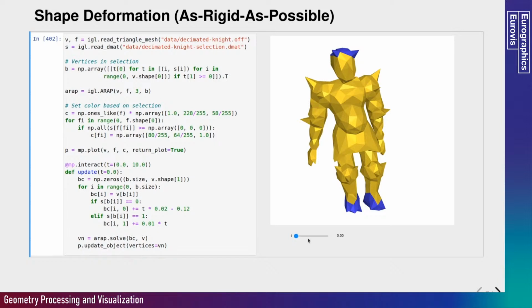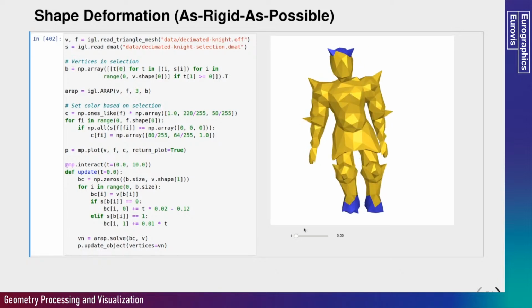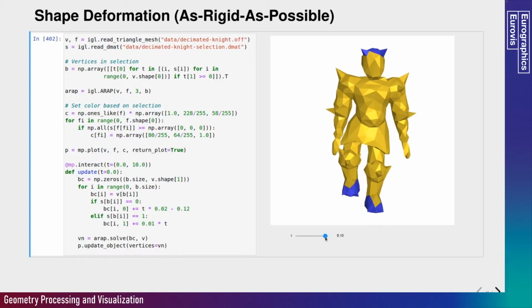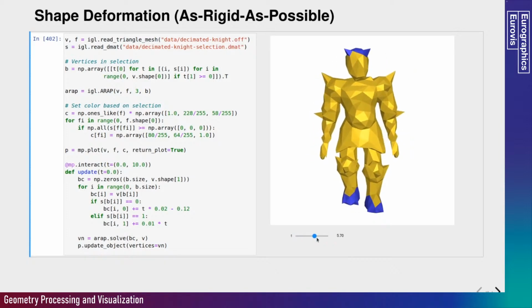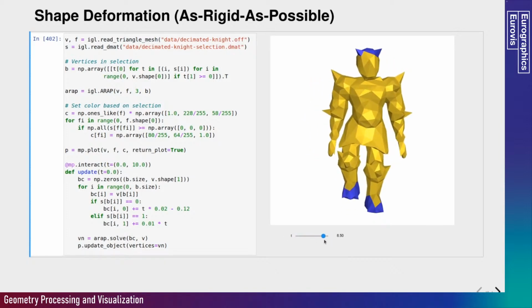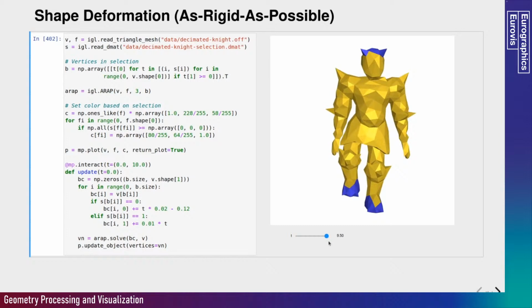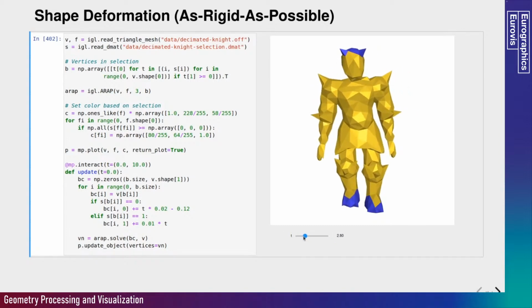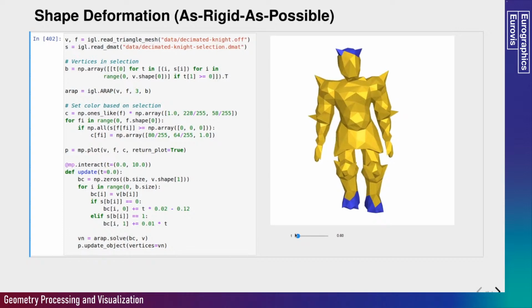And these regions are also fixed by our animation system, and the yellow vertices are allowed to move freely. So let's run the animation, and we see that the right foot of the knight is moving upwards, the head is moving sidewards, and all yellow vertices are smoothly calculated or interpolated in between.